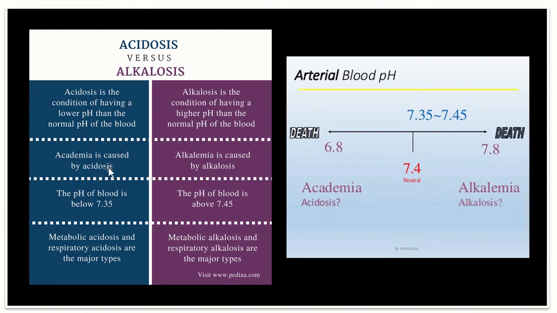Acidemia is caused by acidosis, and alkalemia is caused by alkalosis. And as we mentioned before, for acidosis, the pH of the blood is below 7.35. The pH of the blood is above 7.45 for alkalosis. Metabolic acidosis and respiratory acidosis are the major types, while metabolic alkalosis and respiratory alkalosis are the major types for the alkalosis.